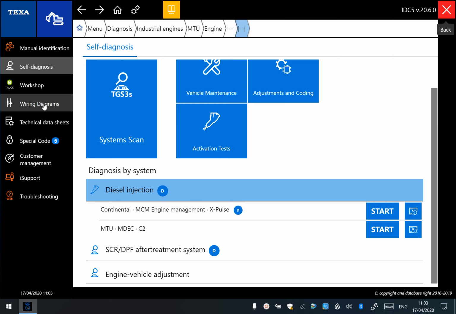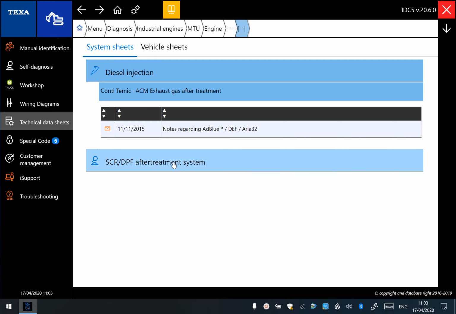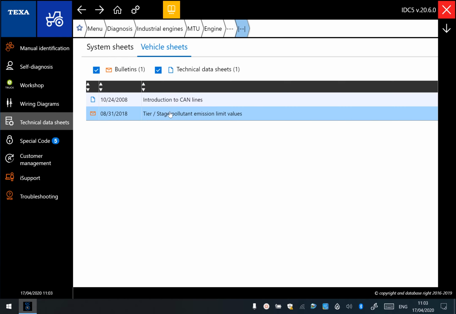Wiring diagrams, like I said, we looked at those earlier. This is again just a shortcut to those. Technical data sheets, there's some notes on AdBlue here. There's also some information there on ACM system sheets, and then vehicle sheets. Again, these are more generic, but still could be quite useful.